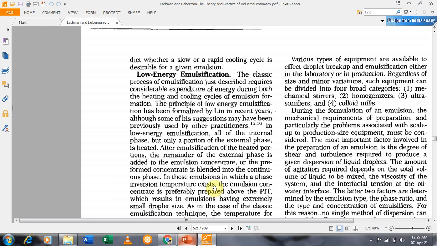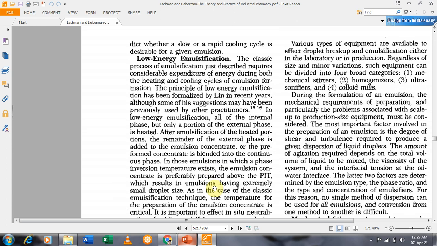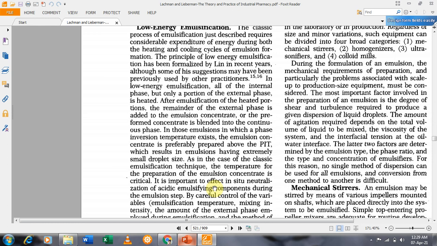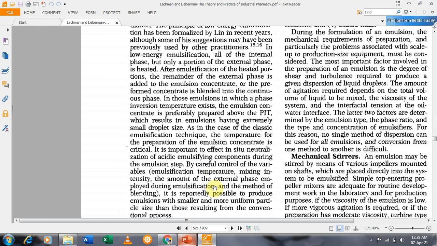The latter two are determined by the emulsion type, the phase ratio, and the type and concentration of emulsifier. For this reason, no single method of dispersion can be used for all emulsions, and conversion from one method to another is a difficult task.